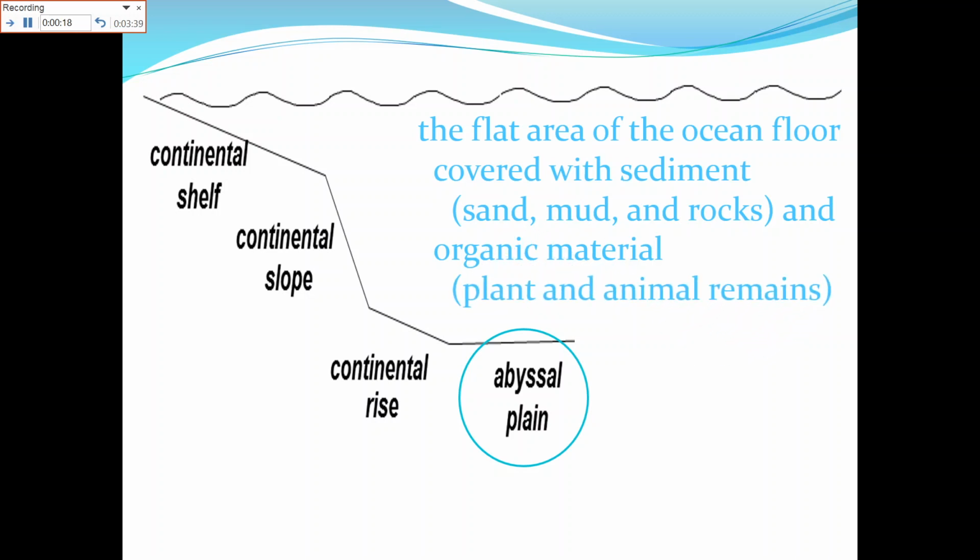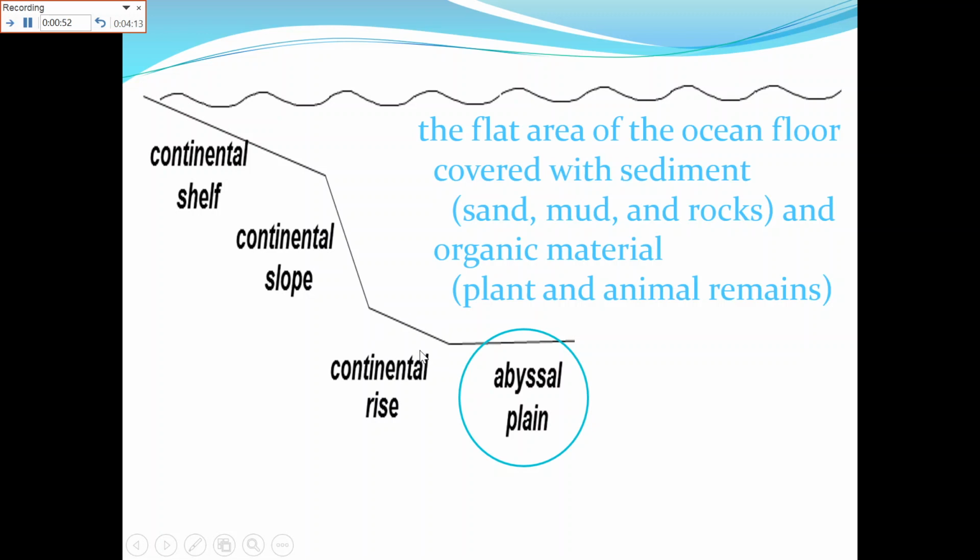Okay. If you're not noticing a theme here, the theme is all of this is covered with sediment. It's covered with sand, mud, rock, and organic material. Okay, so you have water coming off of the continent. It is allowing all of this sediment to gather up. You have this gentle slope here, sediments going here, and then falls down.